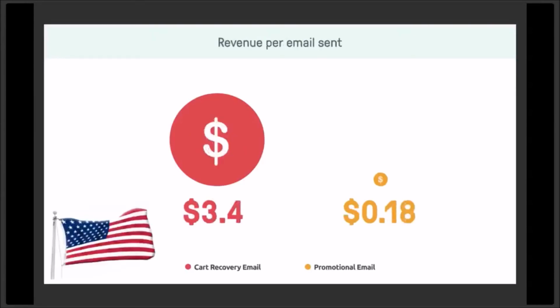And we have calculated revenue per single email sent, analyzing our US-based customers who trade in US dollars. As we probably remember, we have worldwide customers, so many different currencies, and it's not easy to convert them into a single currency.